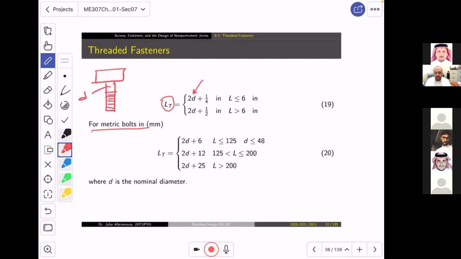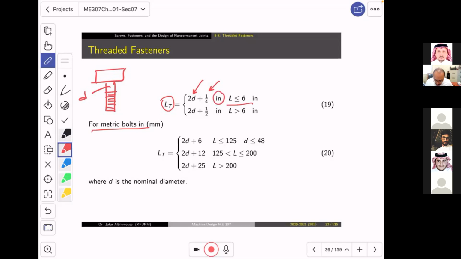This rod has a diameter d, small d. Now, you multiply this diameter by 2, and then you add to it 1/4. This is in inches, for any bolt which has a total length less than 6 inches.